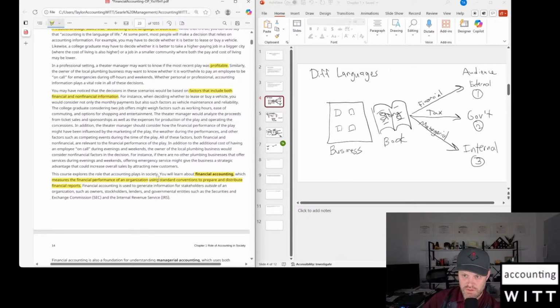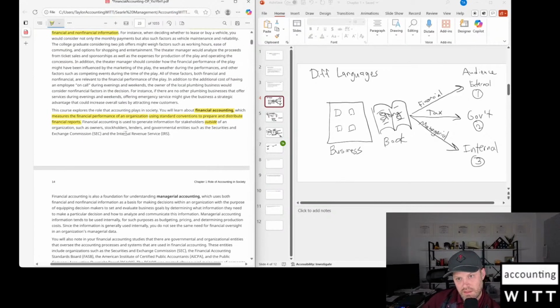So everyone's using this standard convention to prepare and produce these financial reports. So financial accounting is used to generate information for shareholders outside. So that's that external audience, such as owners, stockholders, lenders, government entities.